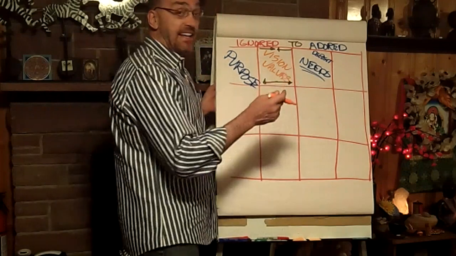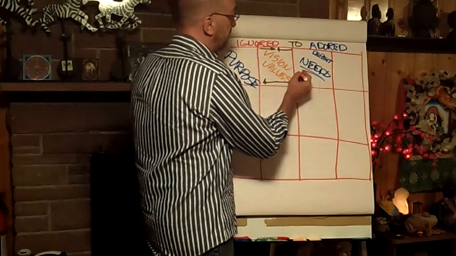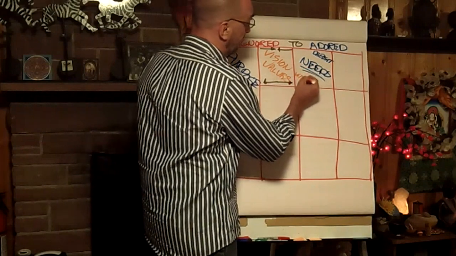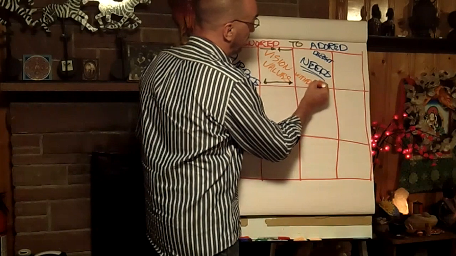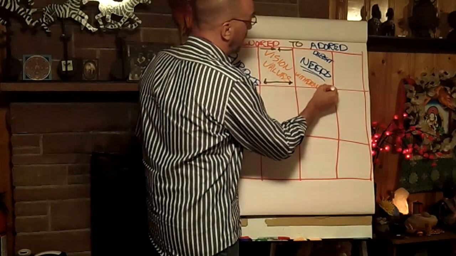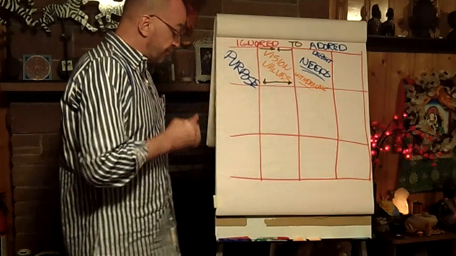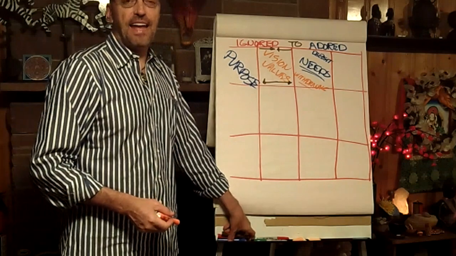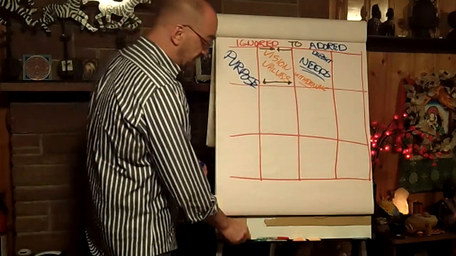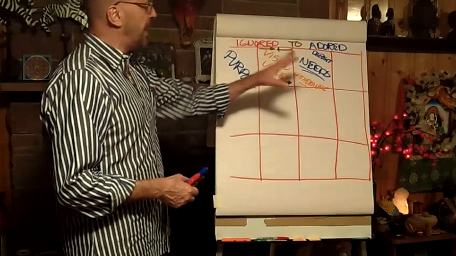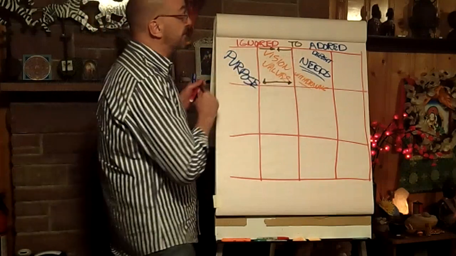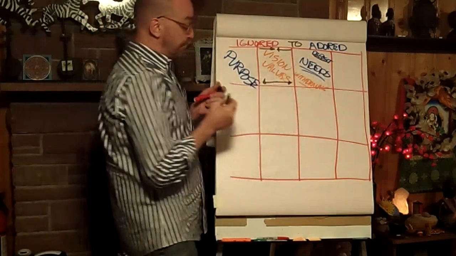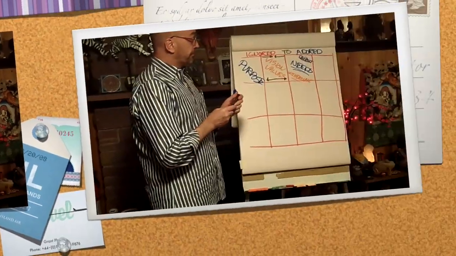On the other side, if you're not making deposits, you're making withdrawals, and if you make enough withdrawals, you end up bankrupt. That's just a metaphor for relationships. What can you do to make a deposit on a regular basis and meet your partner's needs?